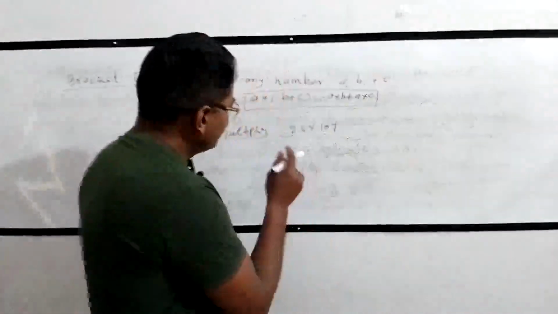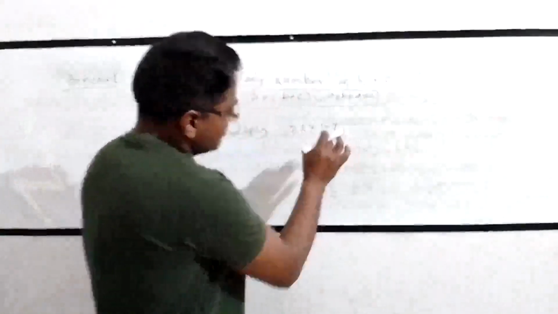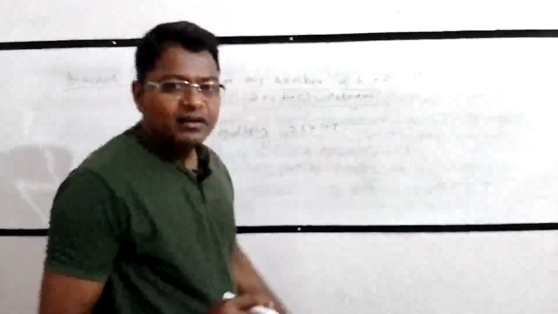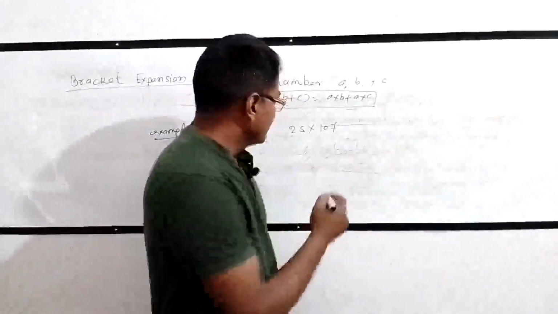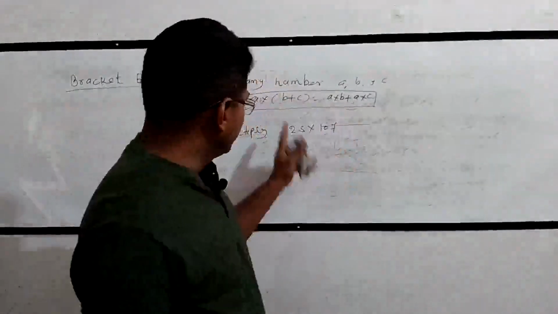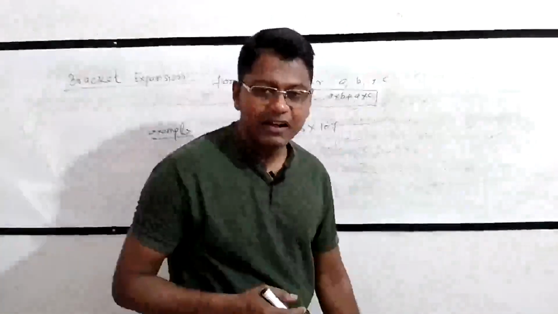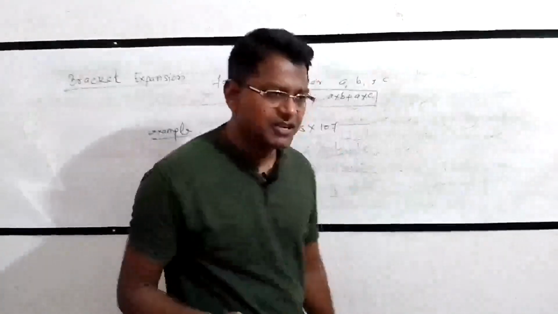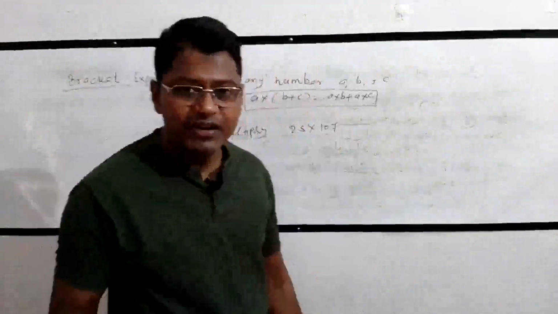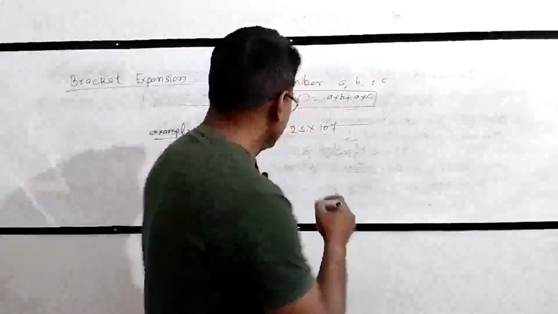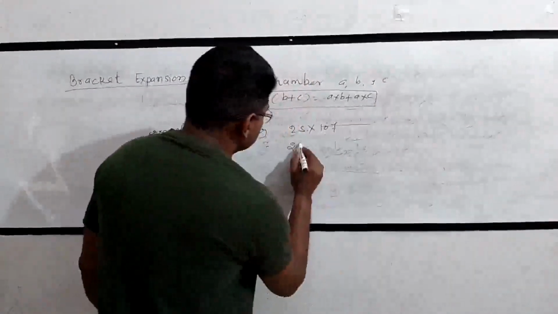But if you apply this bracket form of expansion, then it will be very easy. You just break 107.